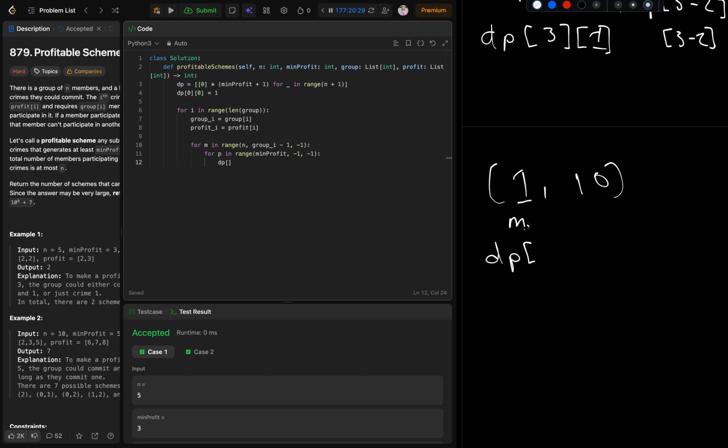So for any value of m minus 1, for all the values of m such that m minus 1 is greater or equal than 0, if we commit this crime, it'll be a way to commit the crime, right?